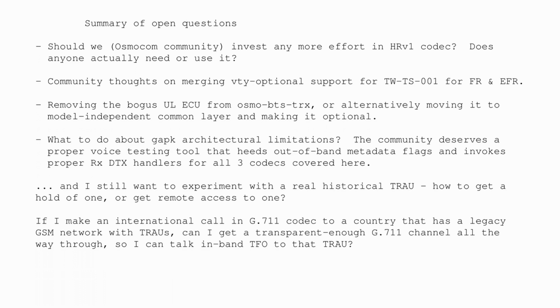So ideally, for a proper solution, I would rather prefer that during the IPA, CRCX or whatever, some kind of ABIS signaling, the BSC actually tells the BTS and then we use a different payload type or something like that.